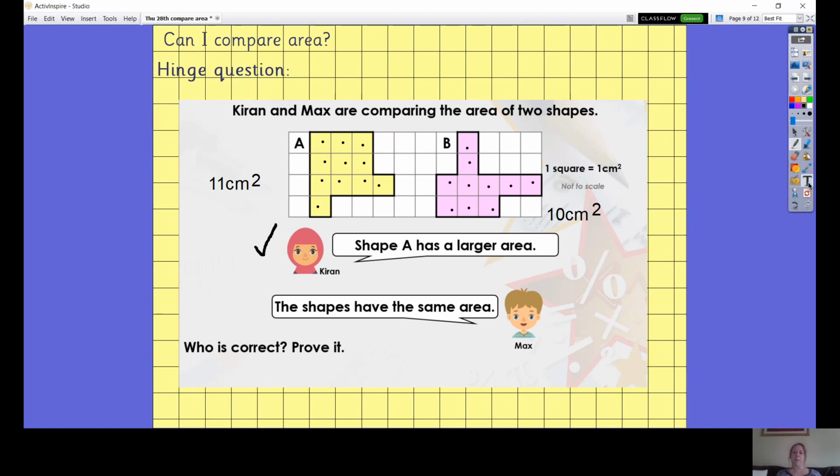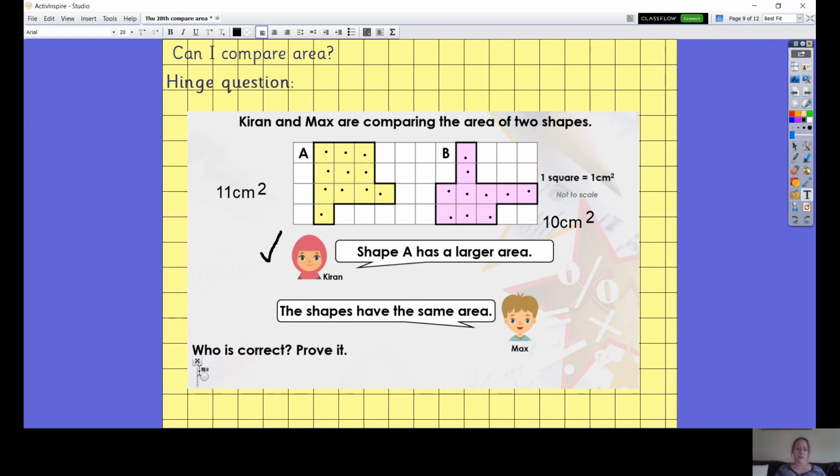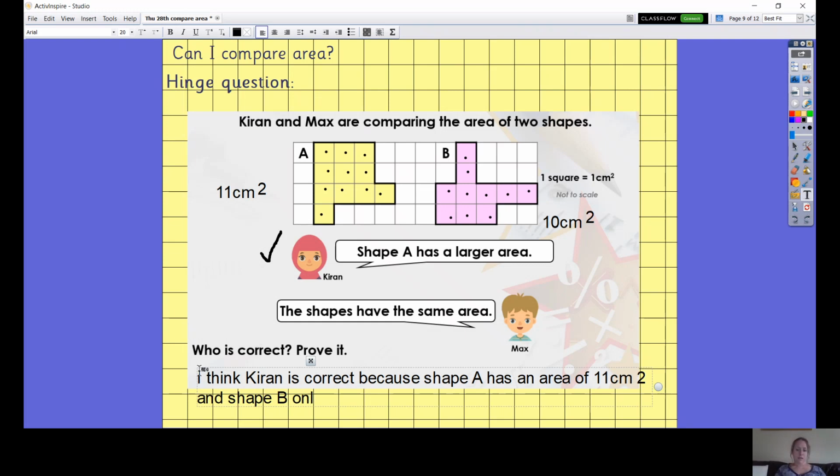So for my answer, I would write something like, I think Kieran is correct because A has an area of 11 centimetres squared and shape B only has an area of 10 centimetres squared.